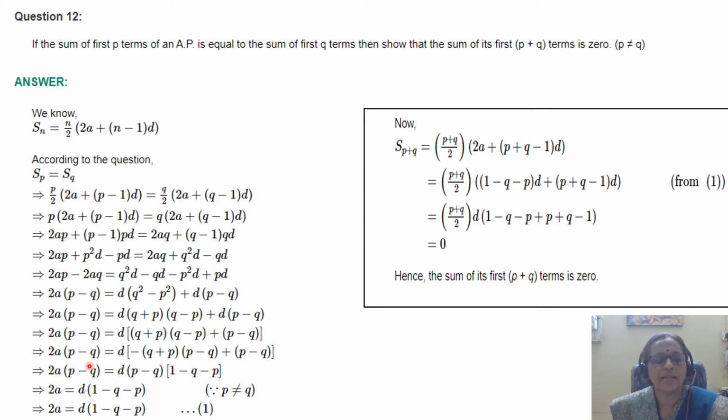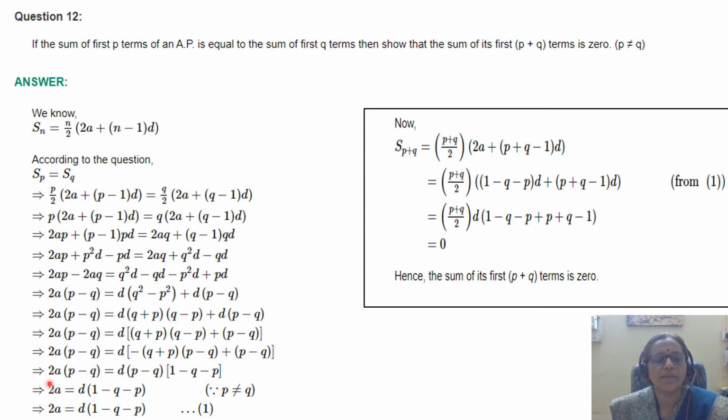Left hand side as it is. Here it is d common and one of the brackets, p minus q, which is common, and the uncommon part is 1 minus of p plus q, which you can write as 1 minus p minus q.